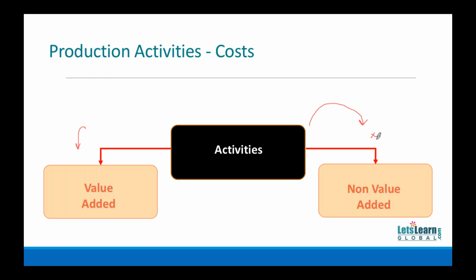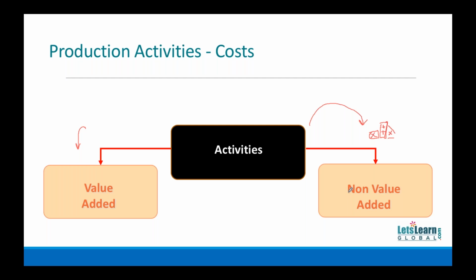The customer does not like to pay for it. Even without the knowledge of the customer, if you add it, the cost of the product will go up. When a competitor's product is competing with yours, and the competitor's product is available at a lower cost and yours at a higher cost, because of what?